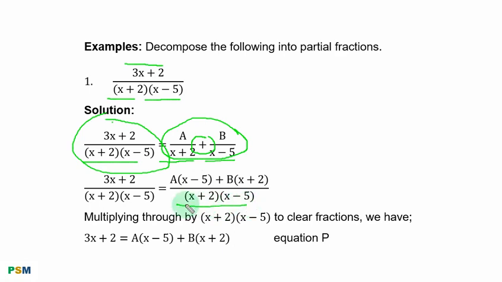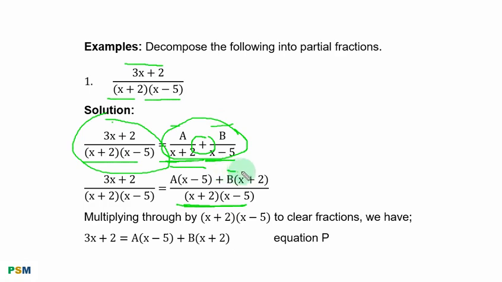Next, you divide the LCM by the first factor, the result times numerator A, plus the same LCM divided by the second factor, the result times numerator B.